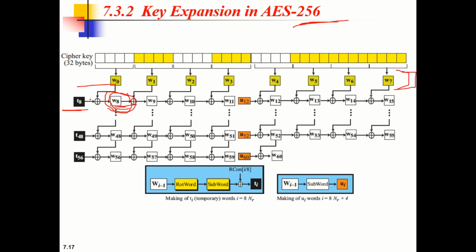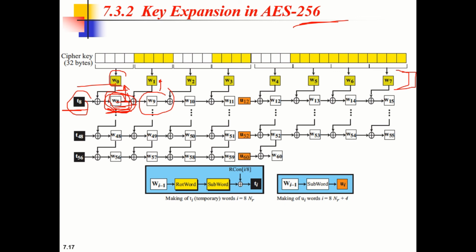Okay, so we'll be adding this temporary word and the word which is now 8 steps back. So ultimately the word which is above this will be taken into consideration for that particular word. So here for W9 we will be considering this W1 and the previous word. So the process will remain same.